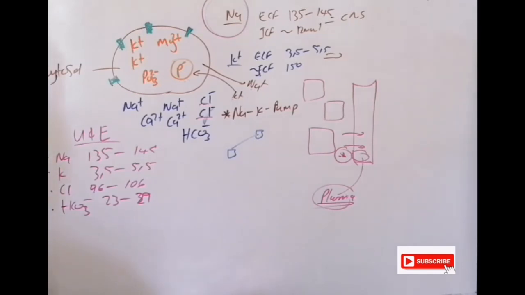Now, if you say, I also want to know the calcium, magnesium, phosphate, you do a different test. It's called the CMP. C is calcium, M is magnesium, and P is phosphate, right? Now, calcium is 2.15 to 2.50.